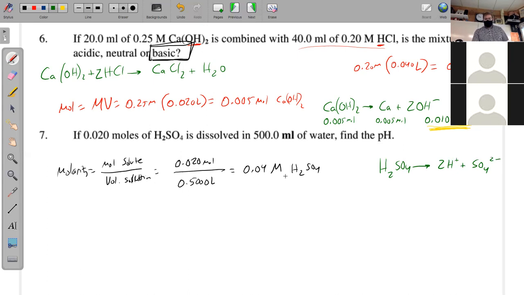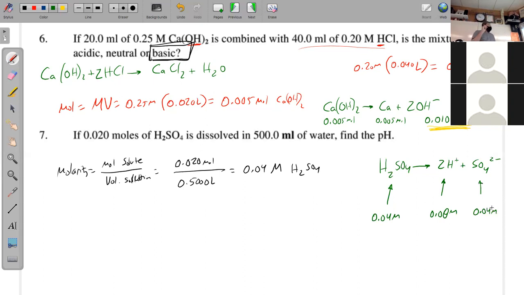So if that's the concentration of H2SO4, the concentration of the hydrogen ion, which is what the pH is measured based upon, is twice as great as the concentration of H2SO4. Meaning, if the concentration of this is 0.04 molar, the concentration of hydrogen must have been 0.08 molar, and the sulfate is 0.04 molar.